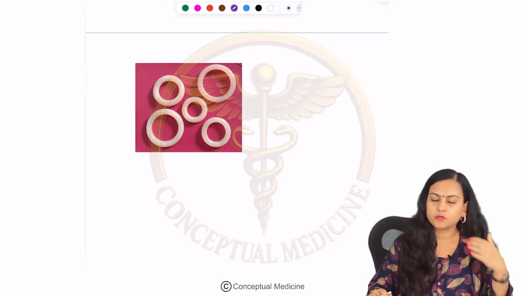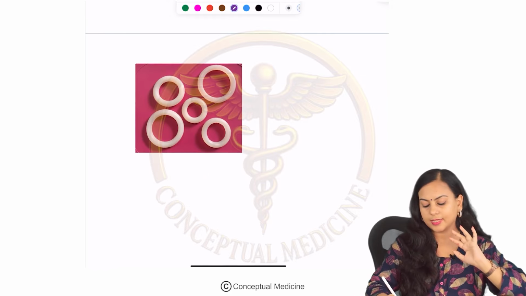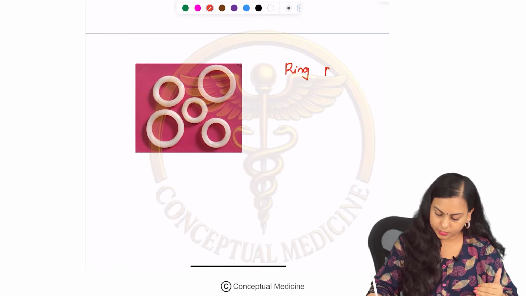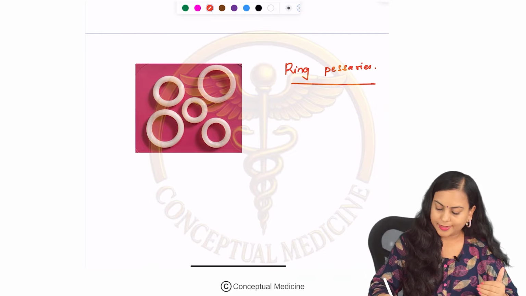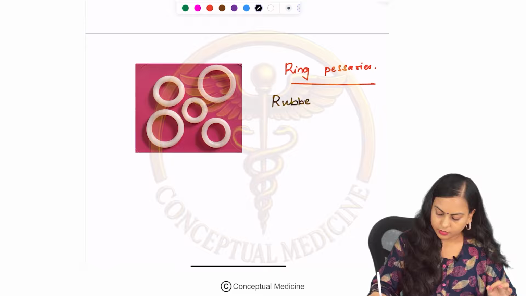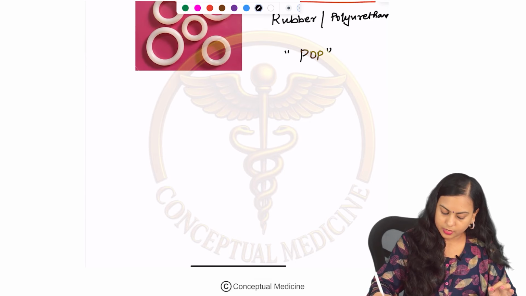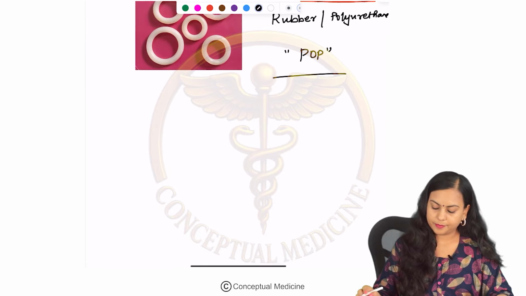Now, next one. So, what are these? These are nothing but ring pessaries, right? It is made up of either rubber or polyurethane, and it is used for the treatment of pelvic organ prolapse.